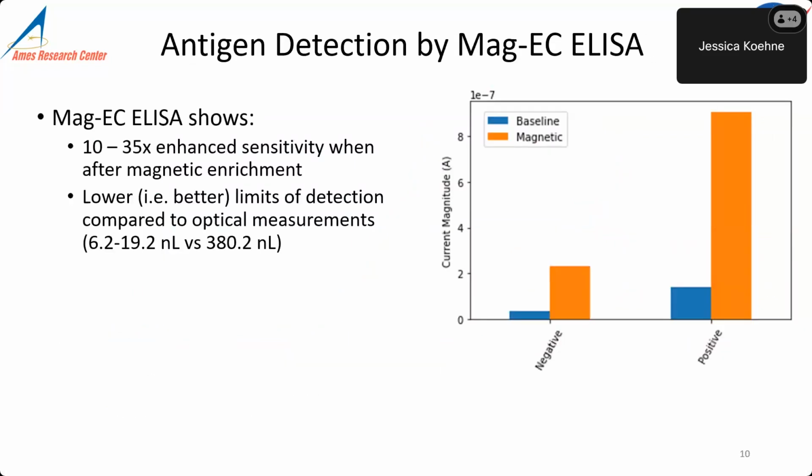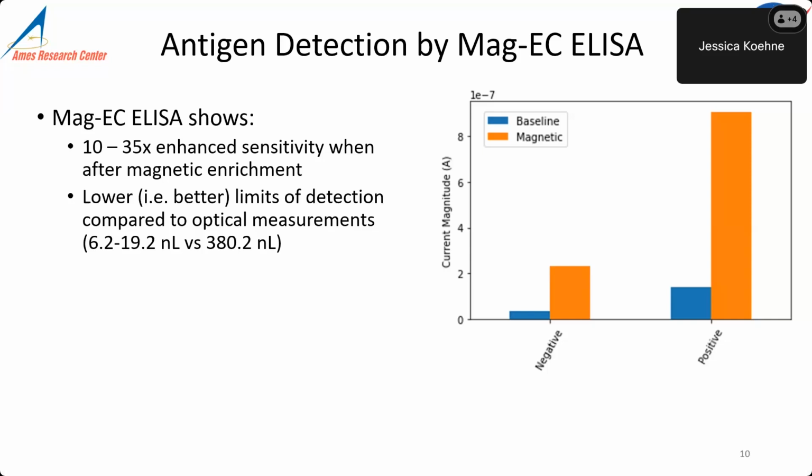Okay, so then we performed the assay now not with the model bead, but we gave it 2 antibodies that were specific for a target antigen, and we performed a detection experiment. The positive experiment was with the antigen that would bind the two antibodies, and the negative control was a different type of antigen that did not bind.